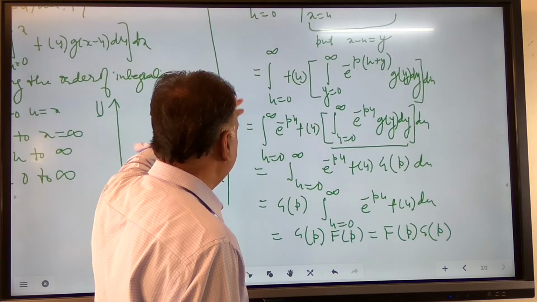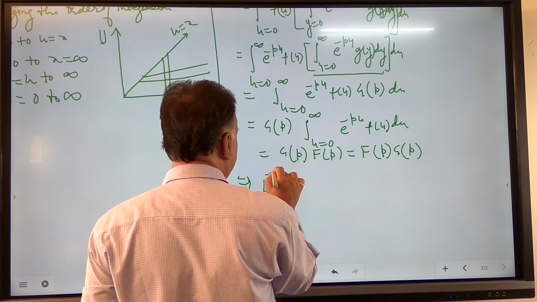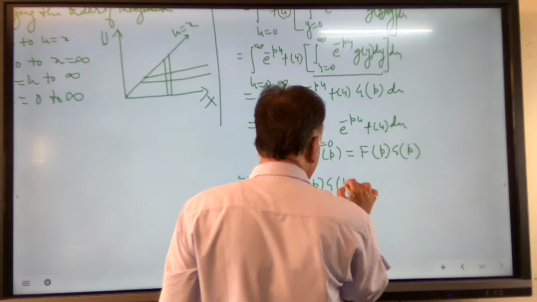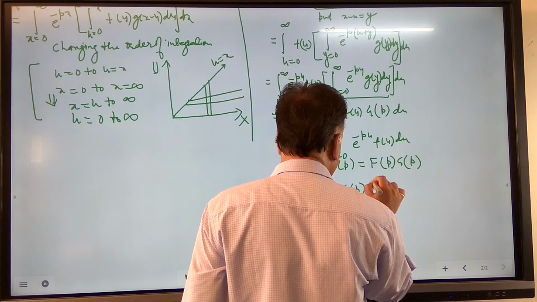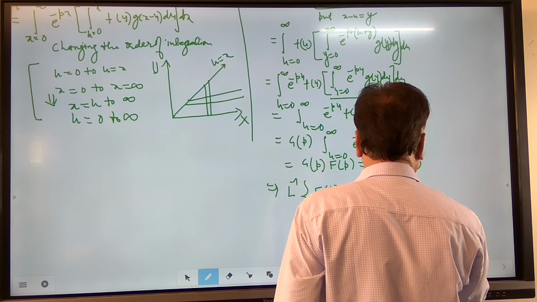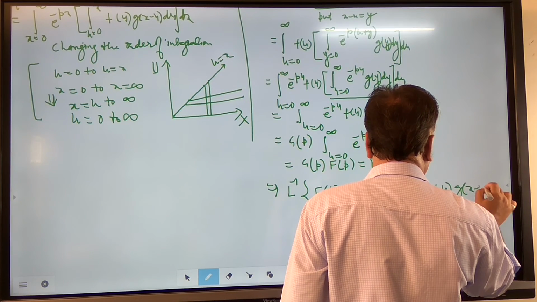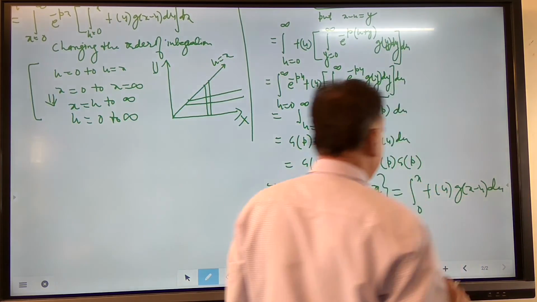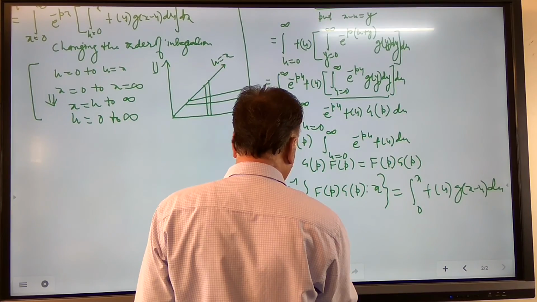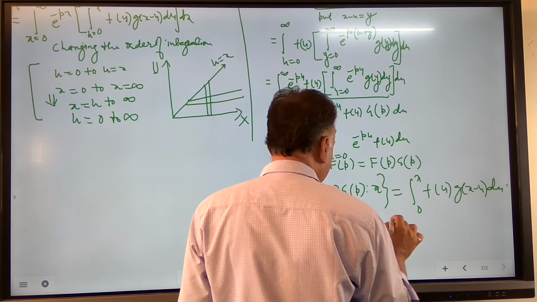So taking the inverse Laplace transformation, this implies the inverse Laplace transformation of F of p into G of p with respect to x is equal to the integral 0 to x f of u g of x minus u du, which is the required convolution theorem for Laplace transformation.